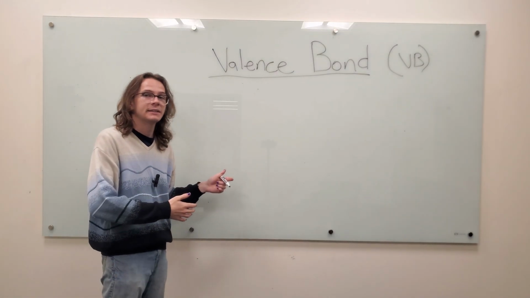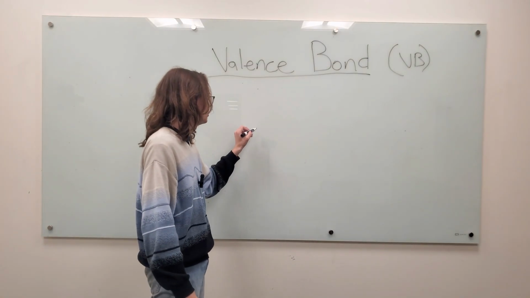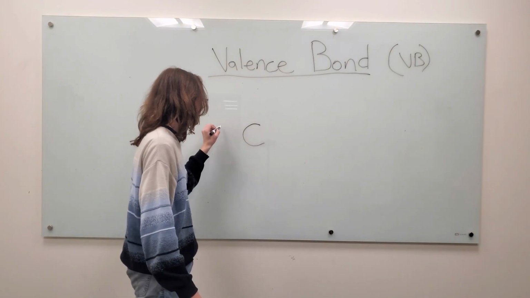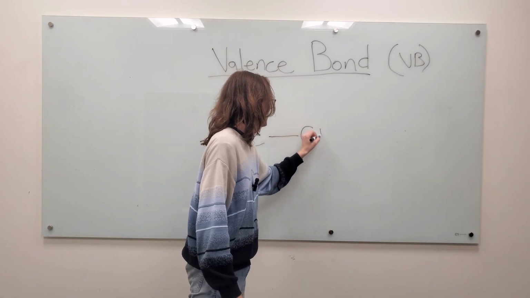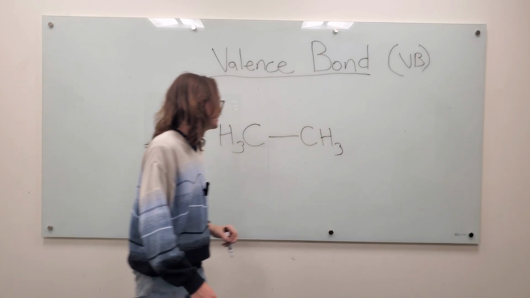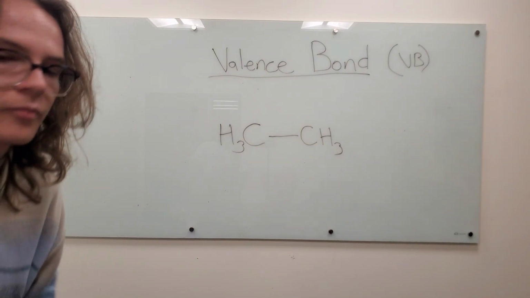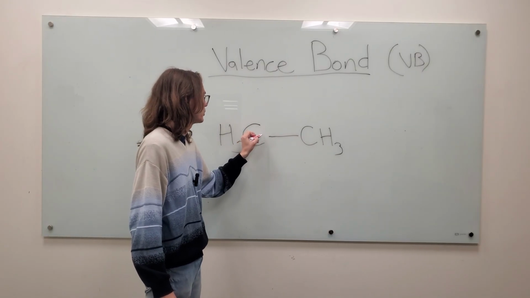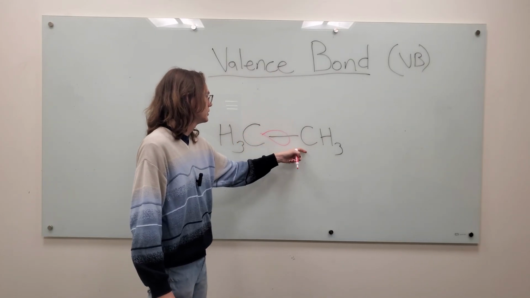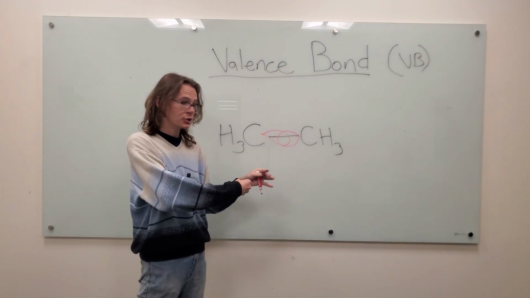And so we can take this a step further with a bigger molecule such as ethane, where we've got two carbons bonded to each other, right? So I won't worry about the H's right now, because we are focusing on carbons. And so this carbon's sp3 hybridized orbital and this carbon's sp3 hybridized orbital are going to overlap with each other.